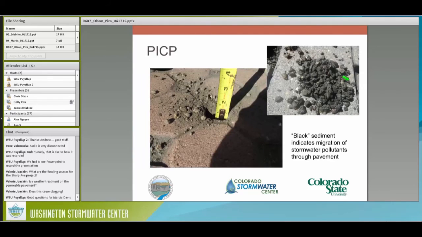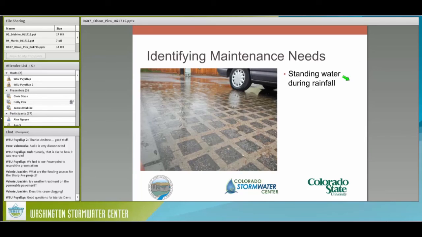Also, when identifying the need for that, one thing that we've noticed with all BMPs, with all stormwater measures, is the black sediment that resides within the aggregate of PICP or on top of the surface of a sand filter. Another indication clearly is ponding on the surface of the pavement.